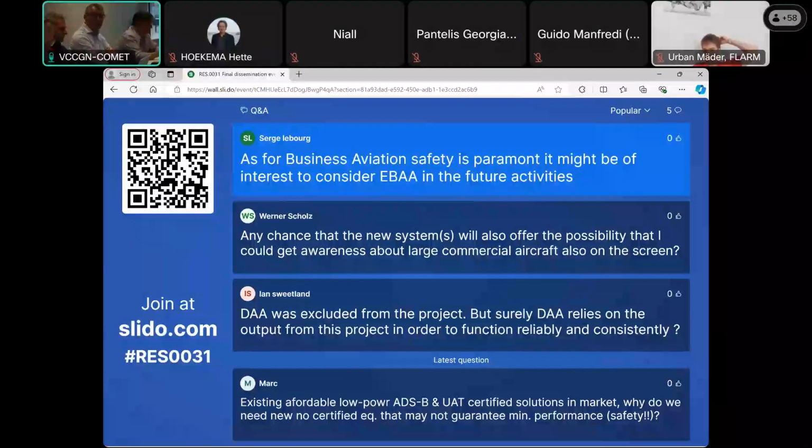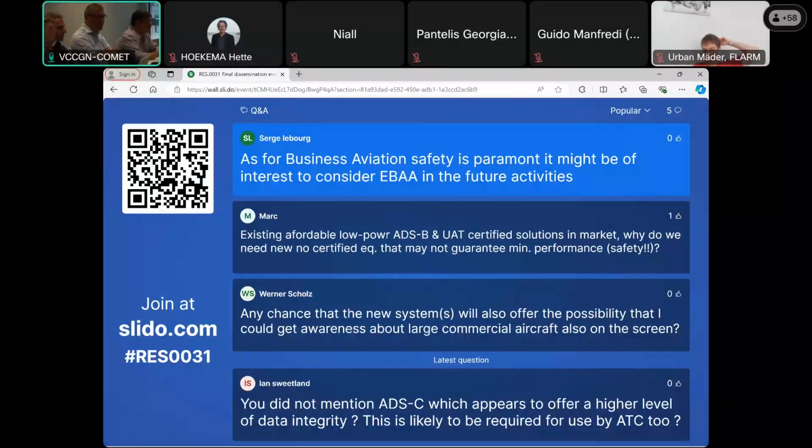But EBAA is a member of stakeholder advisory bodies. It's one of the major stakeholders, and EBAA will be invited to participate in conspicuity.